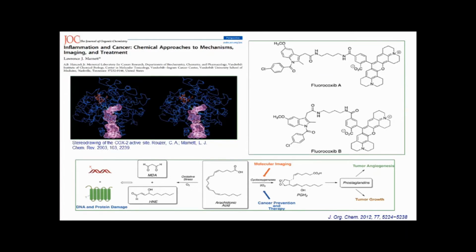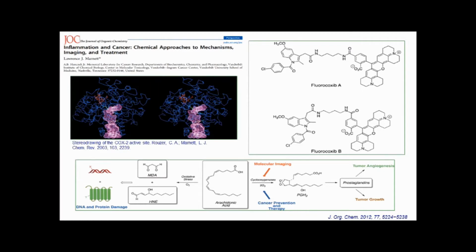And so the group at Vanderbilt have used COX-2 specific inhibitors and have then put fluorescent moieties on them and created ways to visualize COX-2 expression levels. So here they've taken Coxib, which is a COX-2 inhibitor, and then called it fluorocoxib. Just 2 examples of this.